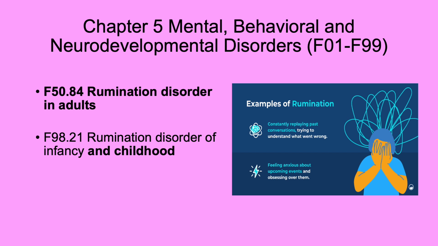Worrisome thoughts, giving excess analysis, kind of going over and over, replaying conversations, trying to understand what went wrong, worrying about upcoming results and upcoming events and obsessing over them. This is going to happen. What should I do, I could do this, worrying about them, obsessing over what's going to happen.